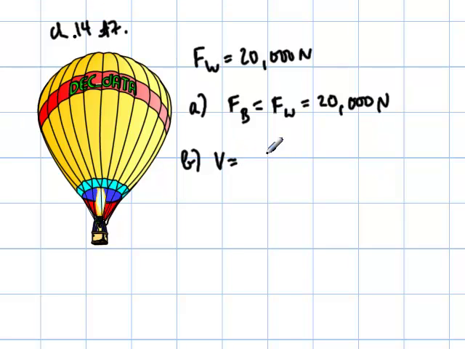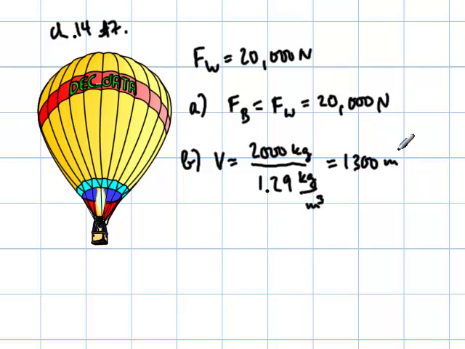So volume equals the mass of the air, which is 2,000 kilograms, because a weight of 20,000 newtons is divided by 9.8 or 10, so it comes out to 2,000 kilograms, and then needs to be divided by the density of air, which is 1.29 kilograms per cubic meter, and then 2,000 divided by 1.29 comes out to 1,300 cubic meters.